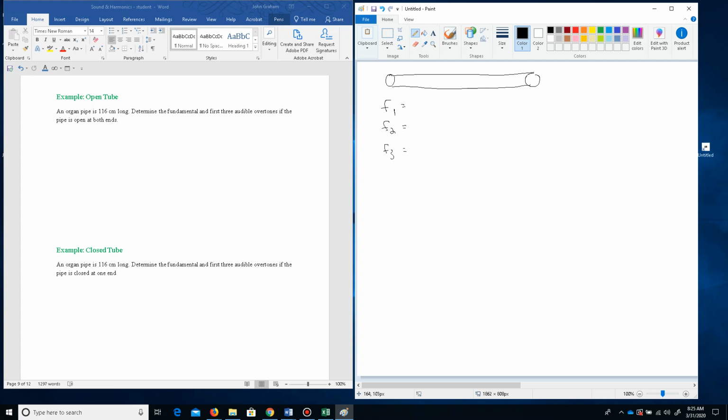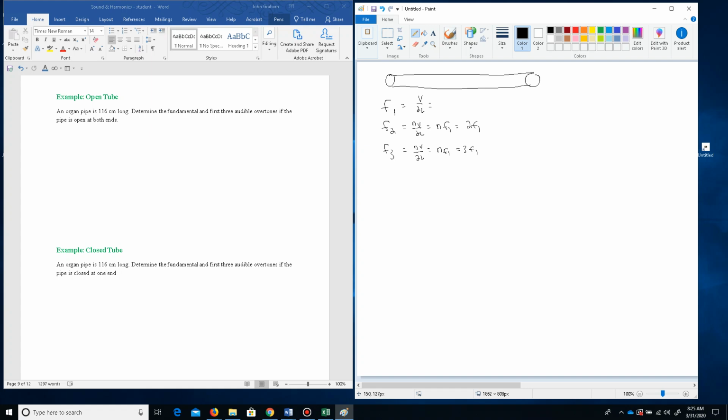And these frequencies will be V over 2L, and then technically nV over 2L, which becomes n times that fundamental. In this case, it'll be 2 times that first frequency and then 3 times that first frequency.